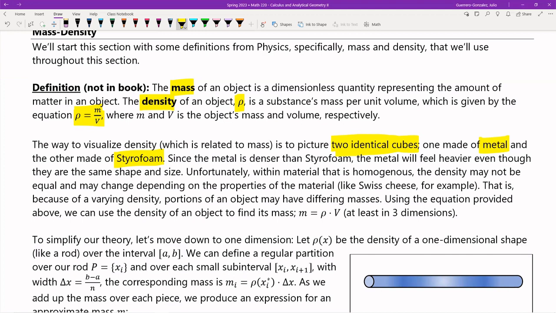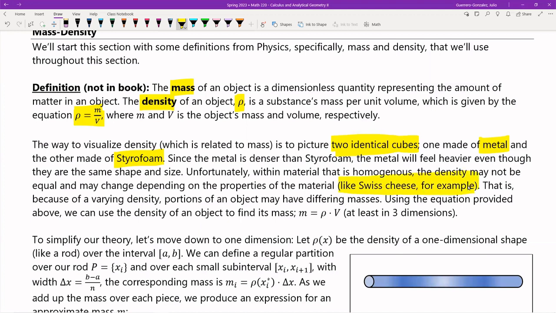Now, within the same material, we can have the same exact shape, but their weights might be different, aka their densities might be a little different. Take, for example, Swiss cheese.